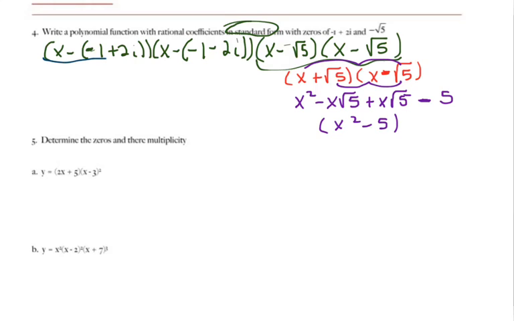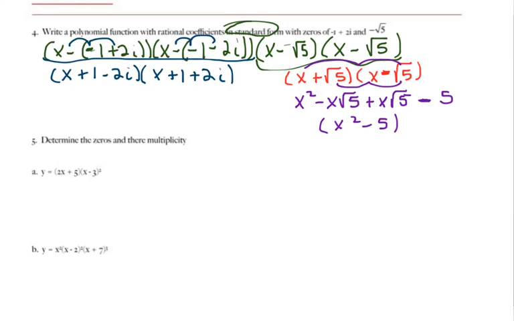Okay, now we got to do these big pairs. So I've got x, distributing this negative flips all their signs, plus 1 minus 2i. Distributing that negative flips their signs, x plus 1 plus 2i. And now I distribute the x, then I'll distribute the 1, and then finally the 2i. So here goes x.